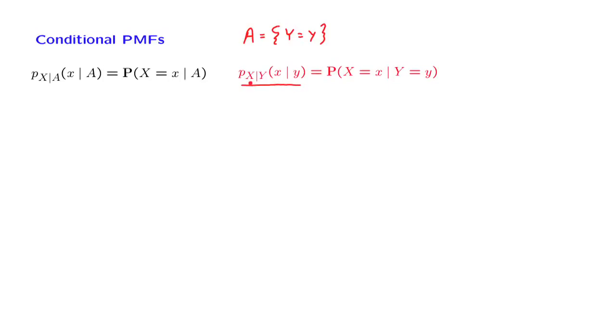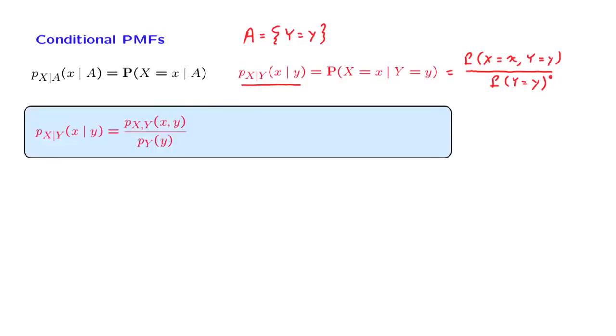As usual, the subscripts indicate the situation that we're dealing with. That is, we're dealing with a distribution of the random variable x, and we're conditioning on values of the other random variable y. Using the definition now of conditional probabilities, this can be written as the probability that both events happen divided by the probability of the conditioning event. We can turn this expression into PMF notation, and this leads us to this definition of conditional PMFs.